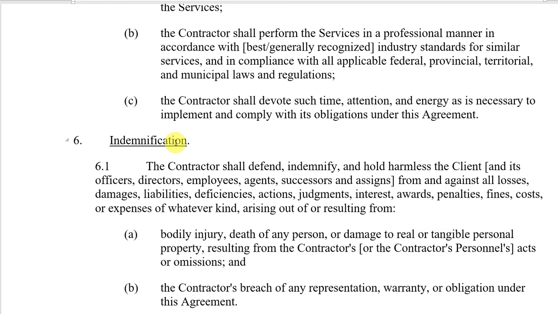An indemnification clause means that the contractor is going to be required to pay you in the event of any losses that are directly flowing from their negligent behavior, or any bodily injury or death, as well as any breach of representation or obligation under the agreement.